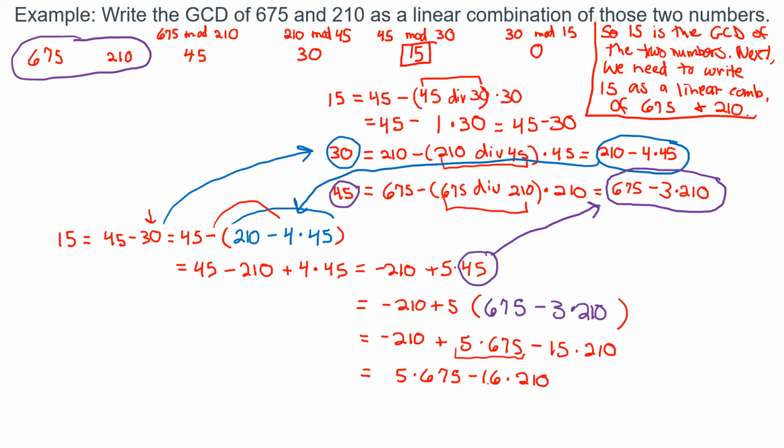Now, we have just accomplished what we were supposed to accomplish, because we were supposed to write the GCD, which is 15, as a linear combination of these two original numbers. And we did. It's 5 times the first number, the 675, minus 16 times the other number. And so we accomplished what we wanted to for that example.